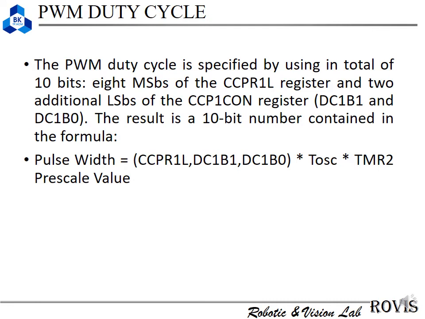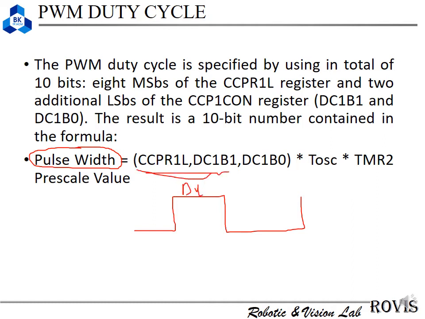And about the duty cycle, that means this is the high value of the pulse here, and this is the duty cycle here, and the duty cycle will be 10 bits. It is the 8 bits here, combined with 1 bit here and 1 bit here. This is 10 bits, and this is the equation for the duty cycle.